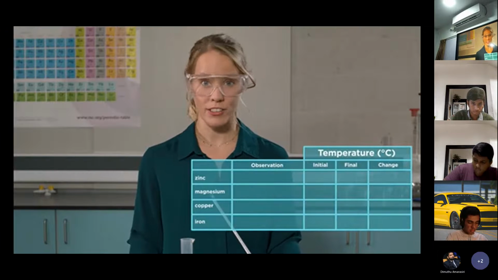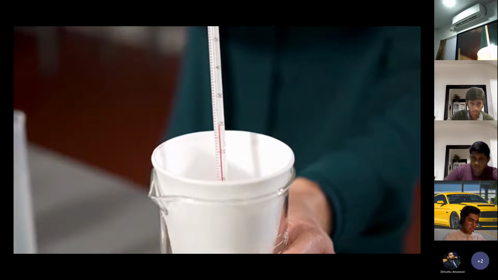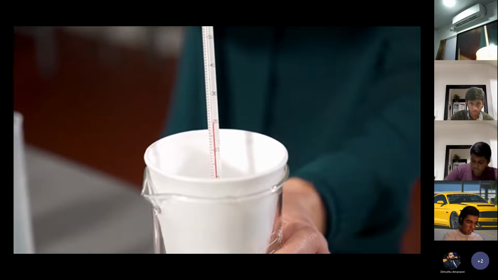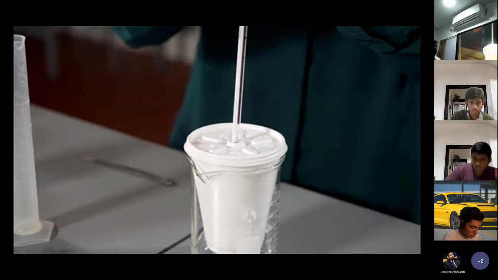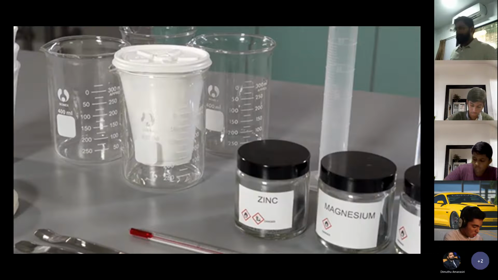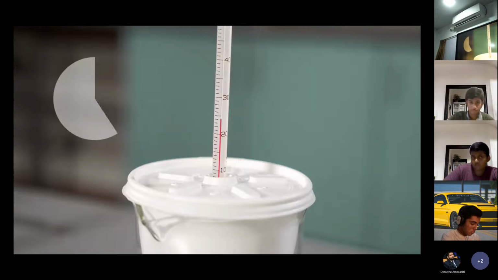As I'm measuring temperature change, I must record the temperature at the start of the reaction, 19.5 degrees Celsius. Here I have a lid with a hole in it, so the thermometer will go through the lid. I'm now going to add 2 spatulas of zinc powder to the acid in the cup. It will take a few minutes for the maximum temperature to be reached, so now I will wait.